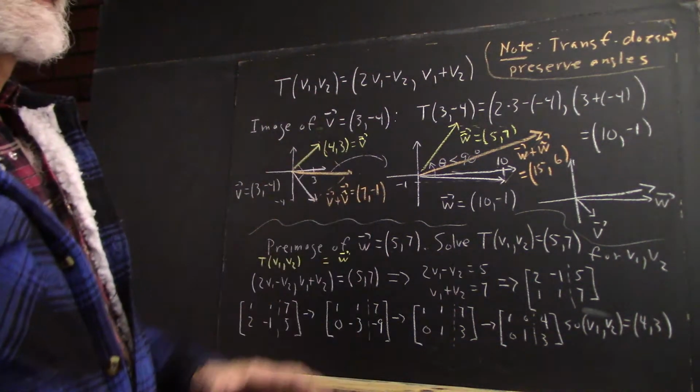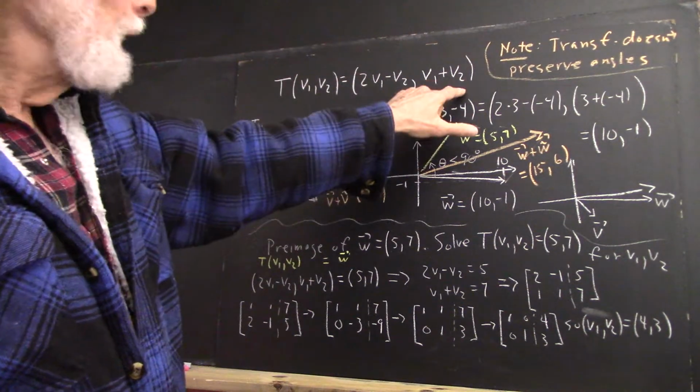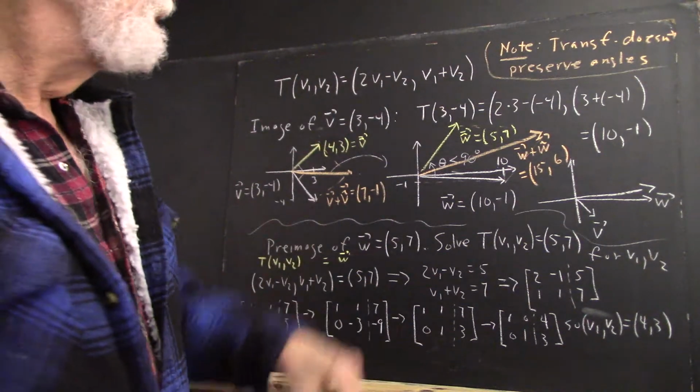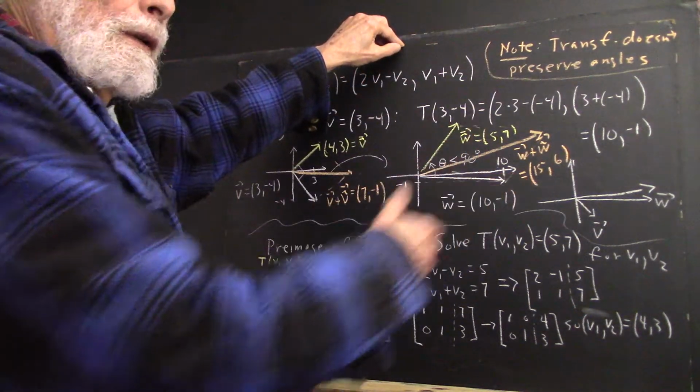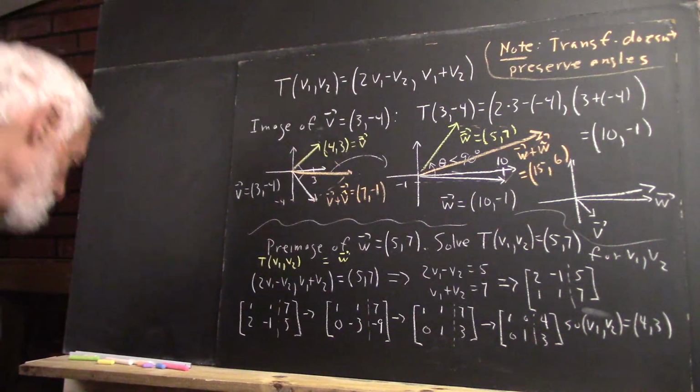However, any transformation where this is a linear combination of V1 and V2 and this is a linear combination of V1 and V2 will have that property. Now let's just work it out for these vectors.